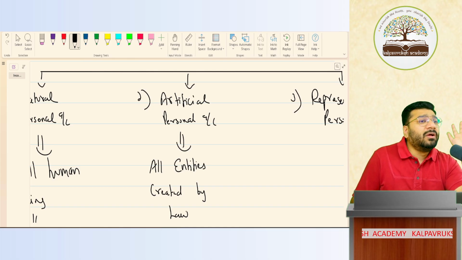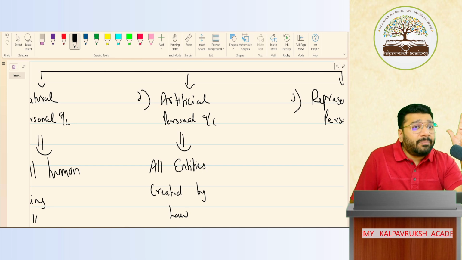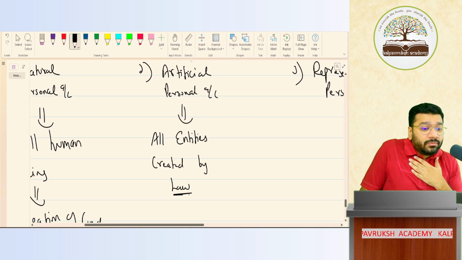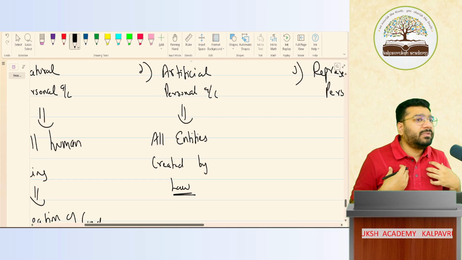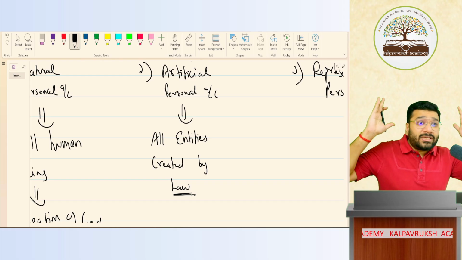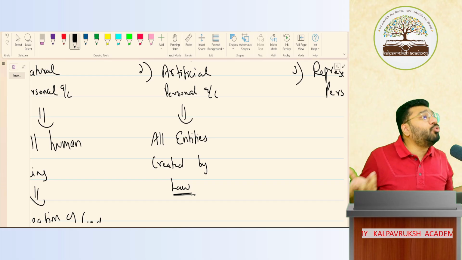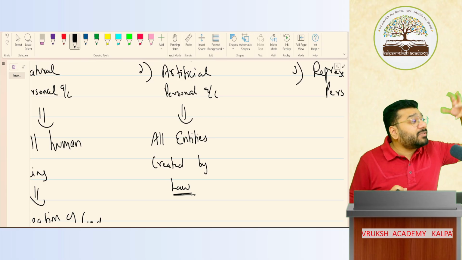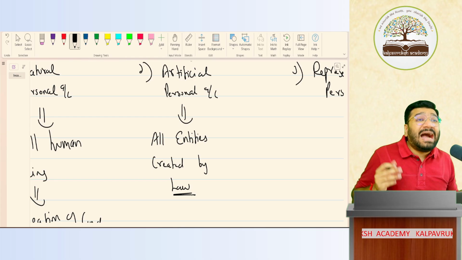All these are entities, organizations, enterprises, which are created by us through law. We have created them. Who created Reliance Industries Limited, Mukesh Ambani's company? Company law created it. So if any entity is created by law, we call them artificial person.